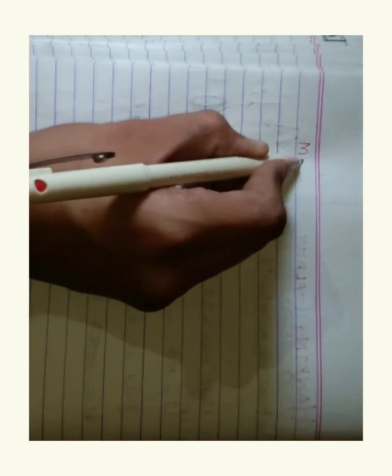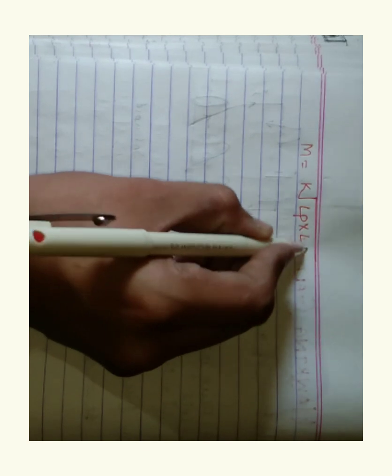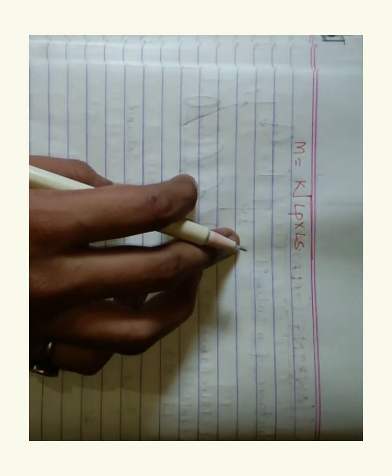Now let me tell you a formula related to mutual inductance, the relation between mutual inductance and self-inductance: M equals k under root Lp into Ls.